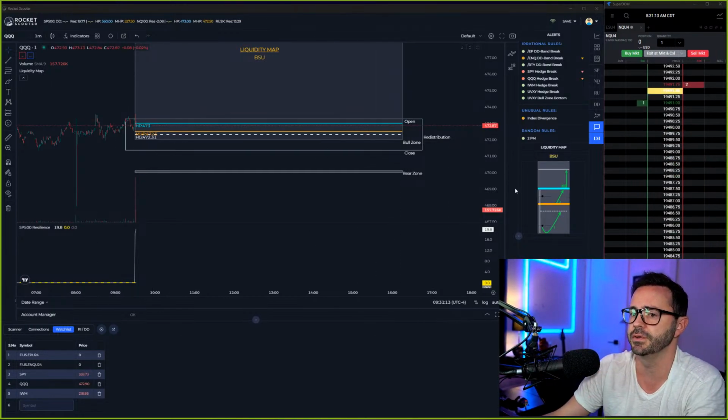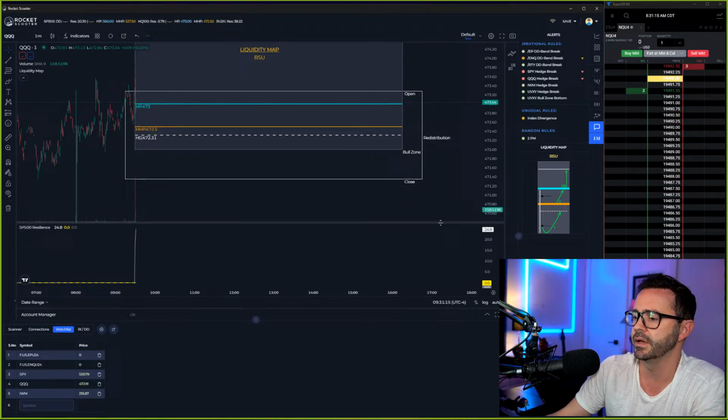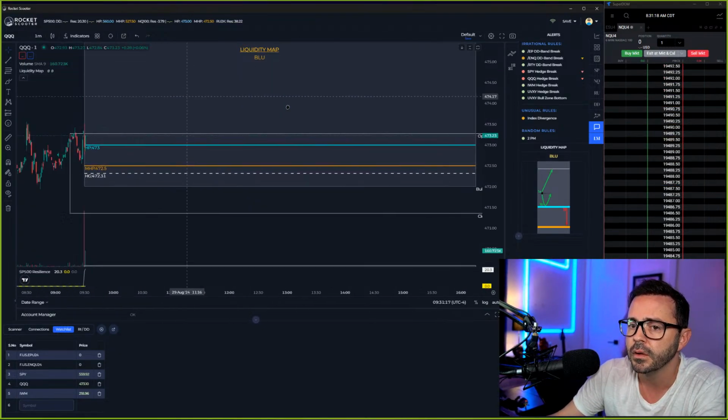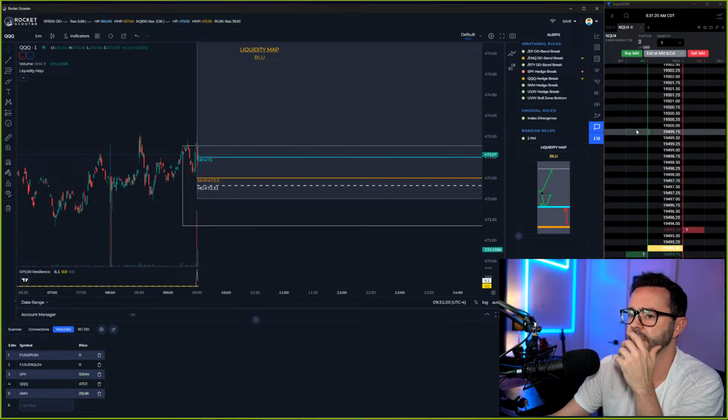It's your QQQ liquidity map. We are right here on hedge pressure. I always take a tiny little long at hedge pressure and monthly.